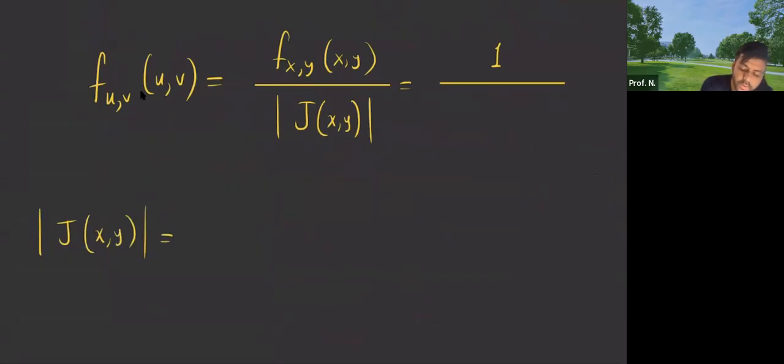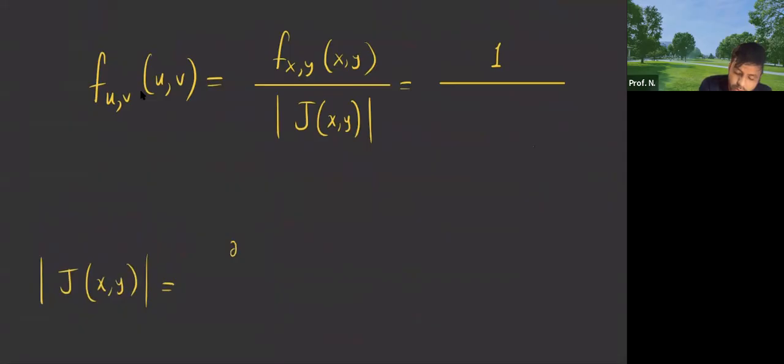Again, we have to set up this determinant, which deals with the partial derivatives of the first function with respect to x, and then the first function with respect to y, and then the second function with respect to x, and then the second function with respect to y.